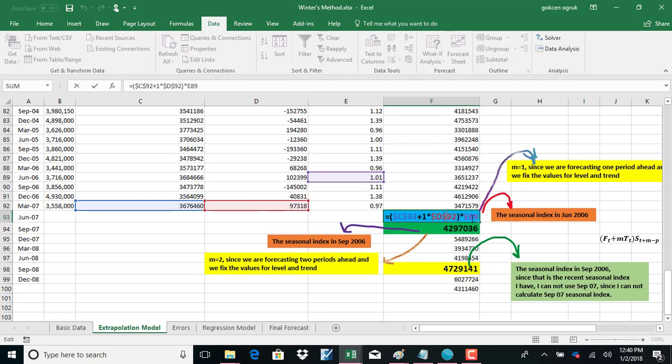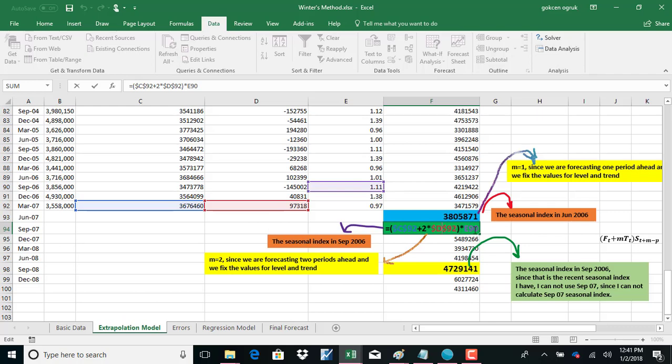I'm using the seasonal index of the second quarter of 2006 since I'm forecasting the second quarter sales data for 2007. One important point here is that I fixed the values for level and trend, since I'm always going to refer to the level and trend of March 2007 when I forecast out of sample.